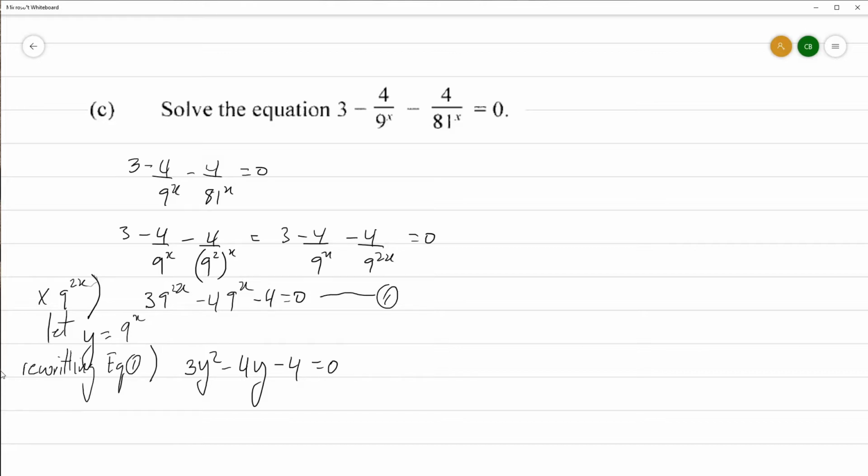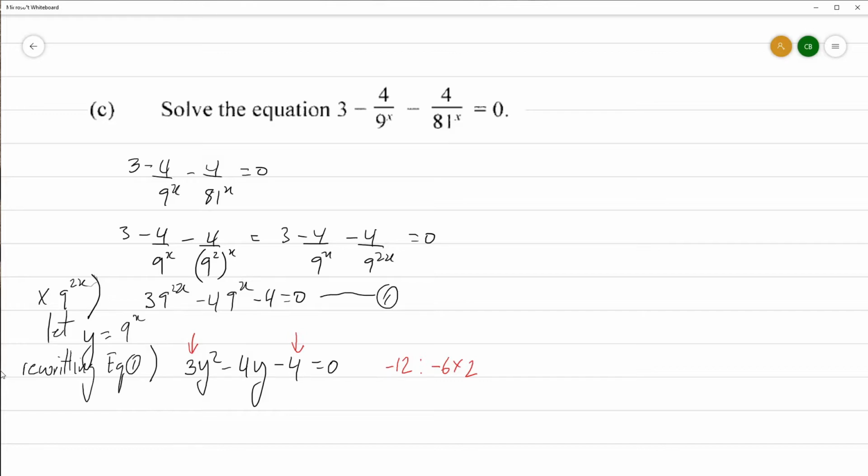So now I have a very familiar quadratic to solve. So I look at my coefficients. So I see a 3 here and a 4, and I want factors of minus 12 that when I add them I get minus 4. Well, that's an easy one, because that is simply minus 6 by 2. Minus 6 by 2, when I add it, I get minus 4.